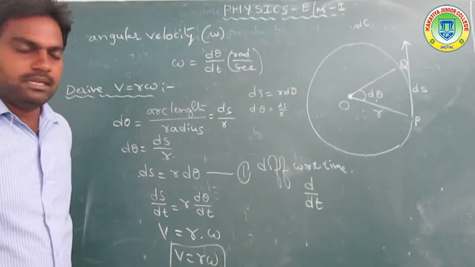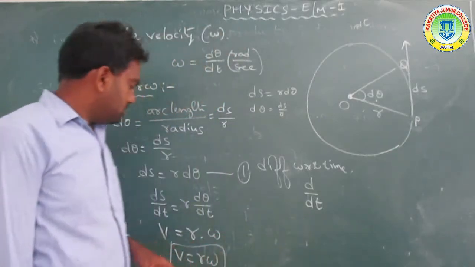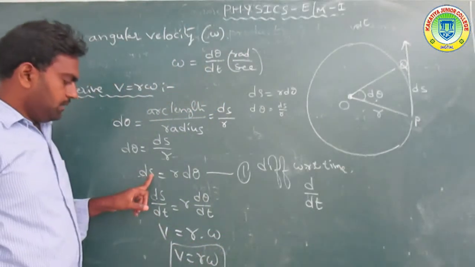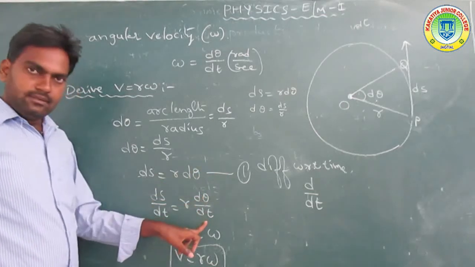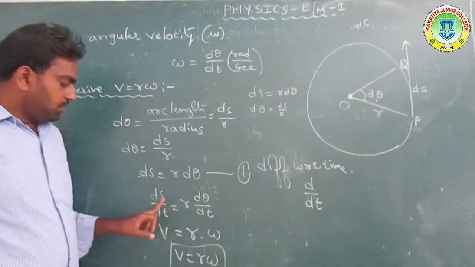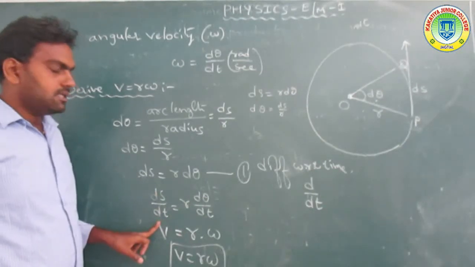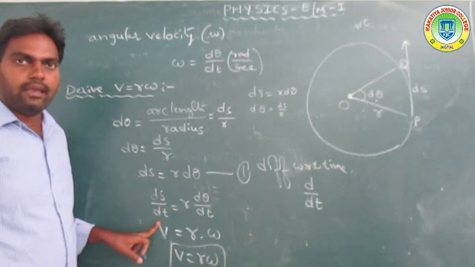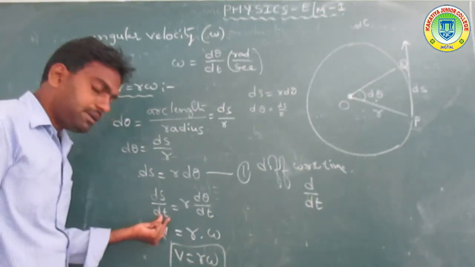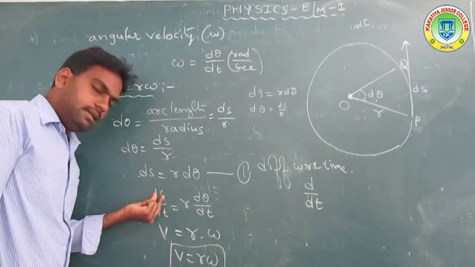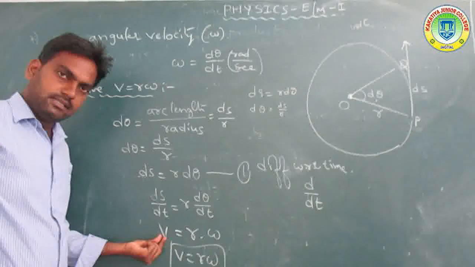So d by dt of s gives ds by dt, which is the change in displacement with respect to time, called velocity.